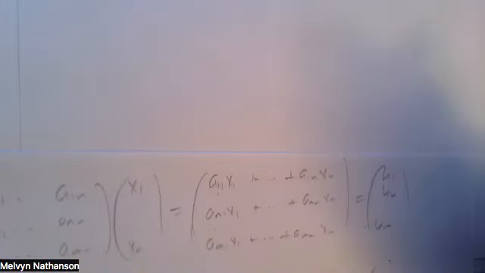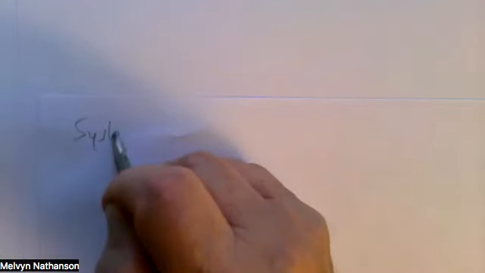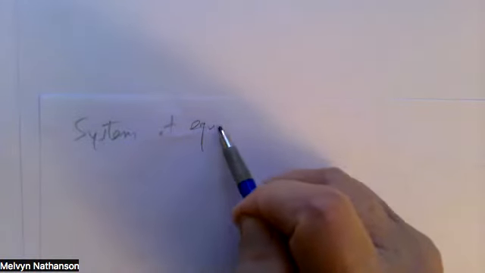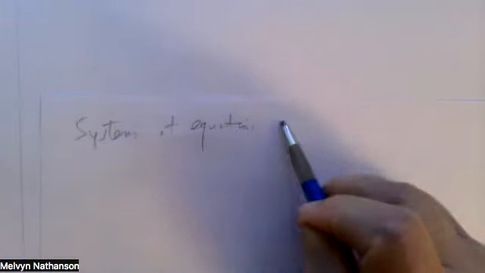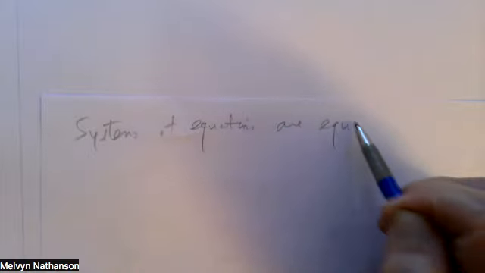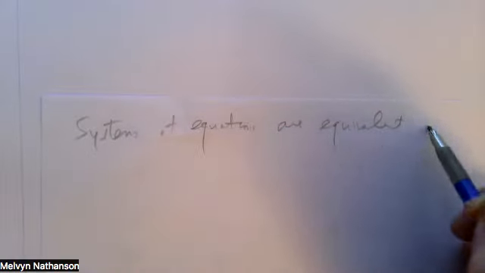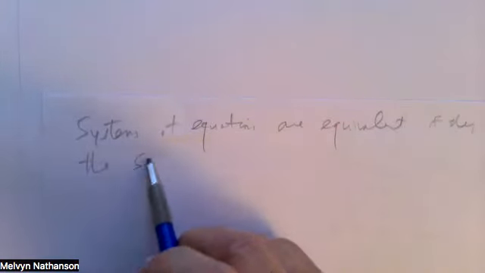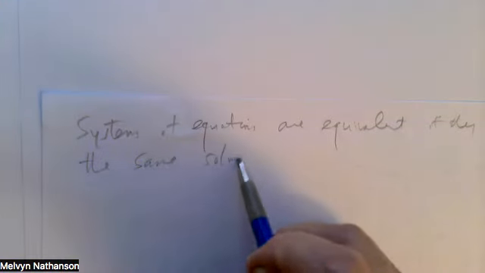So let's just recall, systems of equations are equivalent if they have the same solutions.